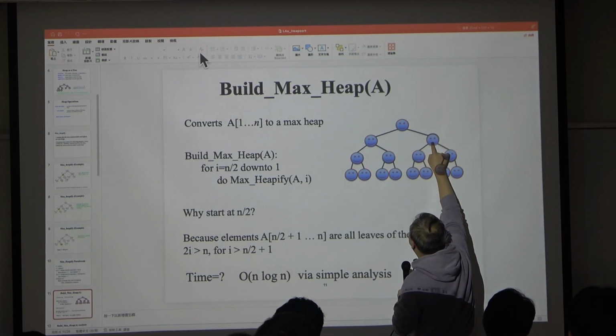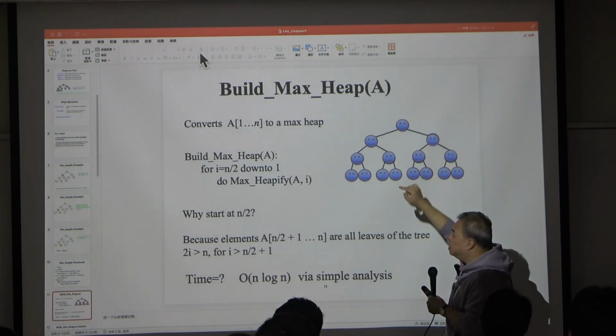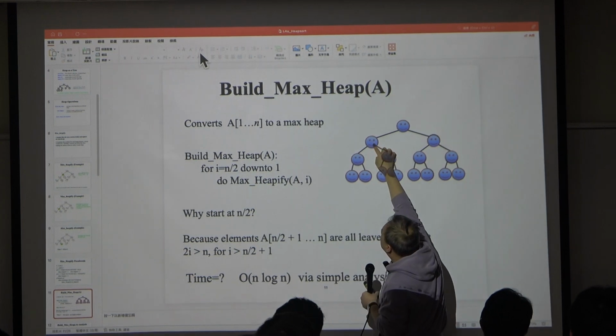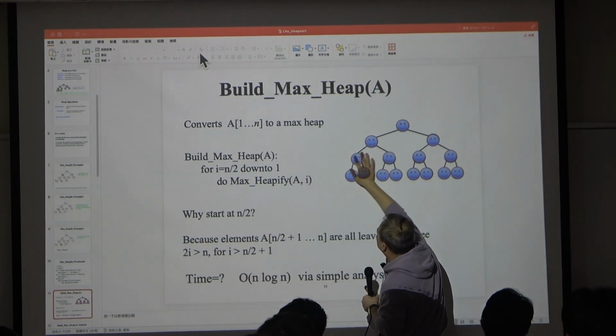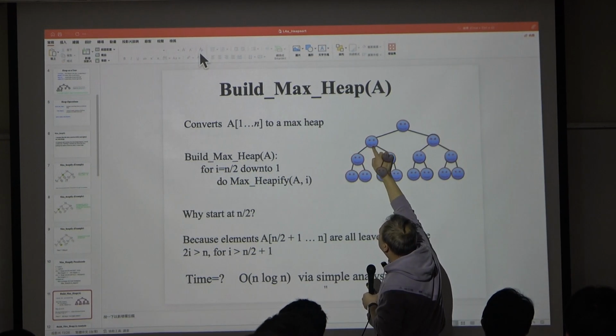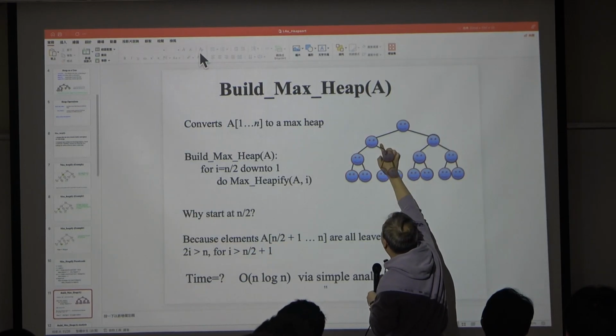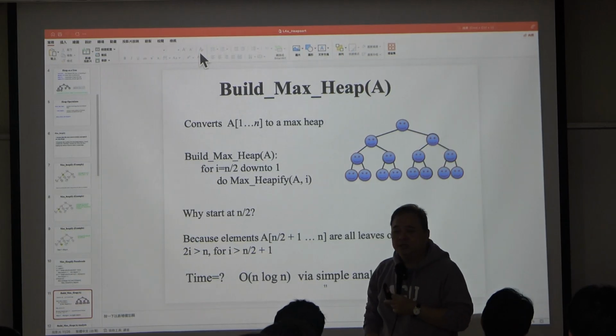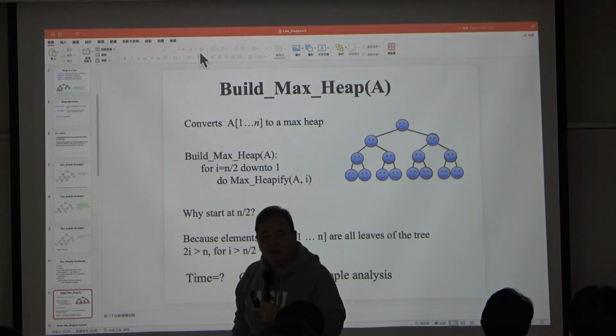So we only need to fix this one, right? So we finish this subtree, and again, for the similar reason, all these subtrees are done. So we fix this node to make this one a max heap, and then we go back to the root to make the whole tree a max heap, right?